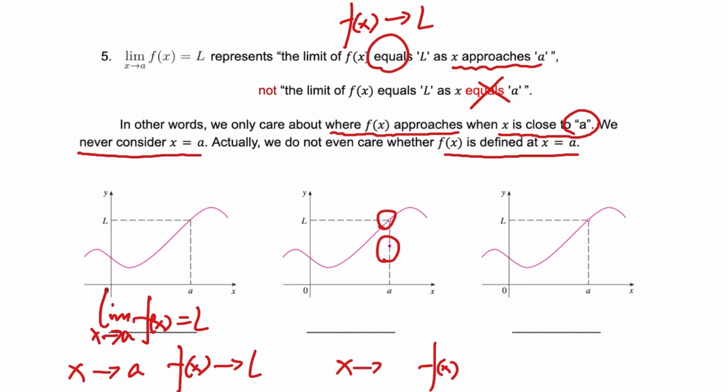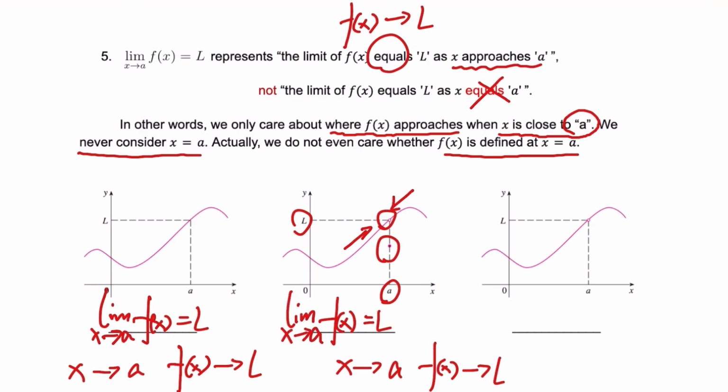So if we're traveling on this curve, as we're getting close to a horizontally, we're getting close to L vertically. So x approaches a, f of x approaches L. Our limit notation should be the same as the last one. So f of x equals L, limit x approaches a.